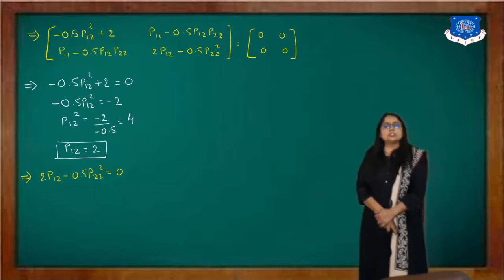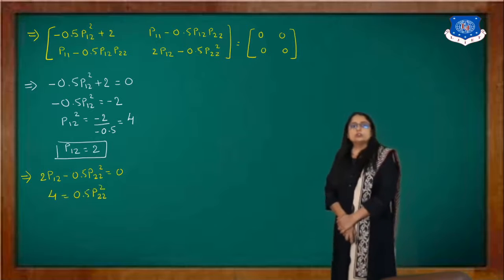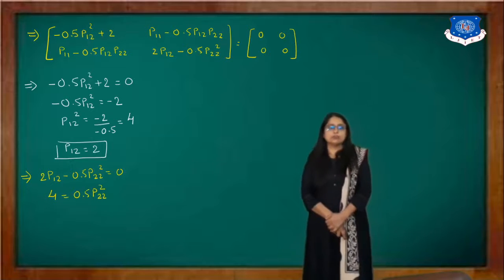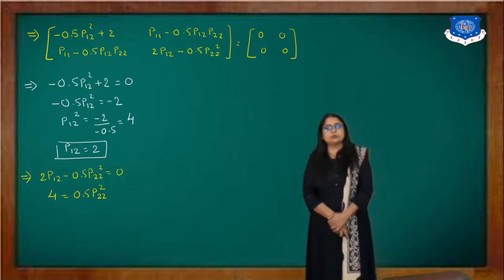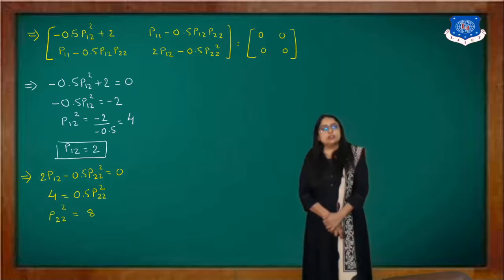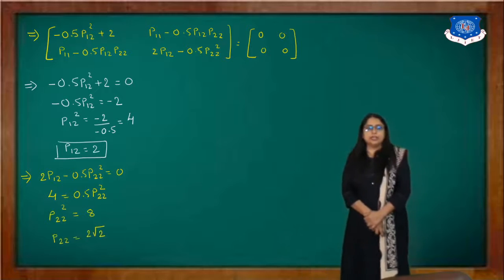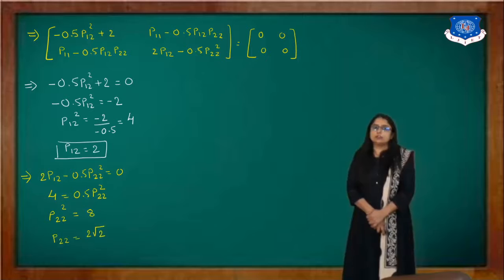Now we can easily substitute the value of P12, so we get 4 equal to 0.5 P22 square. So the value of P22 square is 8, and P22 is 2 root 2.